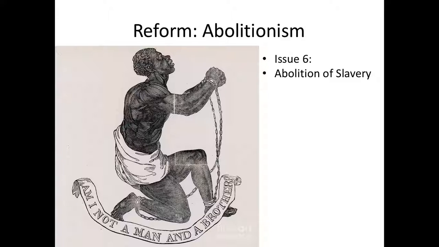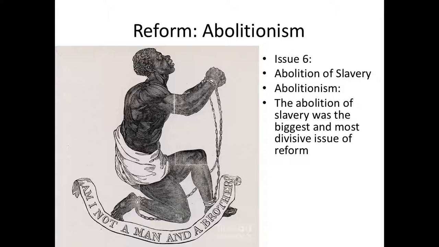Now, let me go ahead and say that this movement becomes the biggest movement of the antebellum period. However, it will not initially be a major movement. It kind of starts small and then grows over time. The Second Great Awakening is going to give strength to the abolitionist movement.